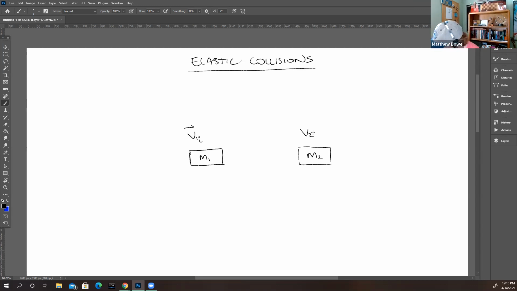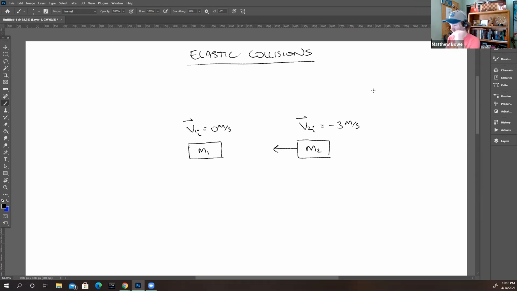This is velocity 2, i for initial. Let's say this one has a velocity of 3 meters per second. Again, this is a vector, and since it is a vector, the direction is important. It's going to be going to the left, so it's going to be negative.